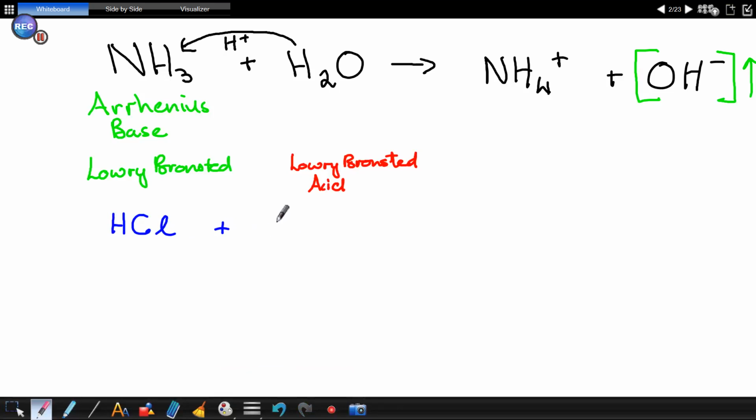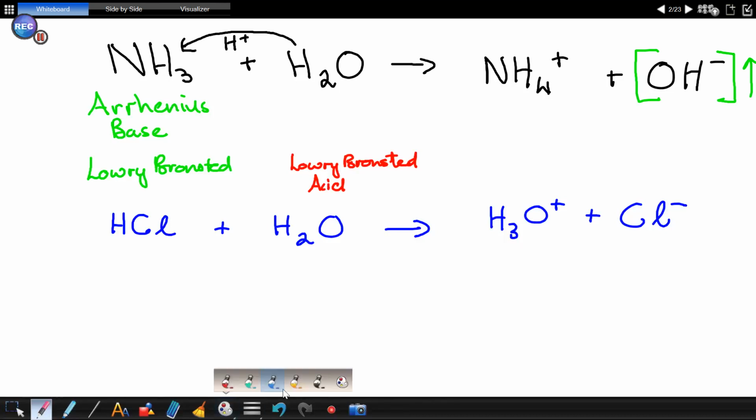HCl and H2O. We have H3O plus and Cl negative. I wanted to write these two equations on the same screen so that I can go for the next definition that you need to know.